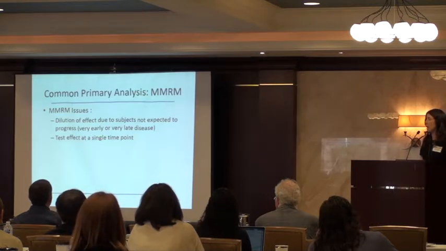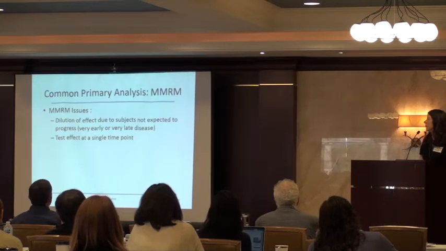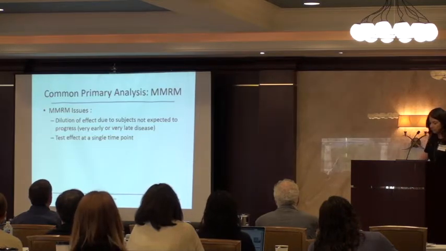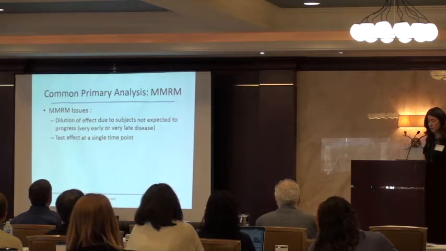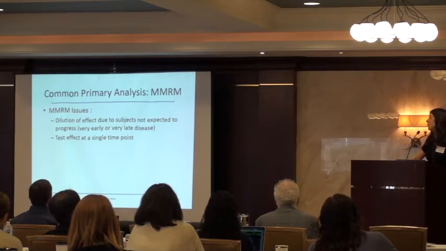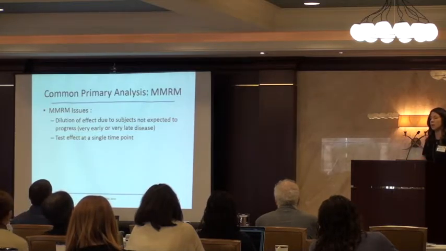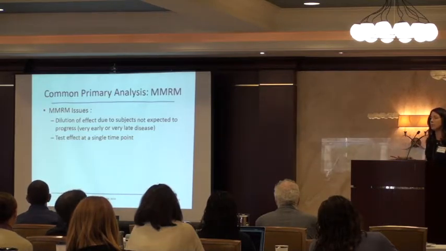The DIAN network and DIAN myopathy have an analysis method that takes into consideration and adjusts for disease severity. And you'll see that a common issue with the traditional analysis that's done in this area is that you get a dilution of an effect due to subjects that are not expected to progress. So as I mentioned, you can't really just only enroll a homogeneous population that you expect to decline.